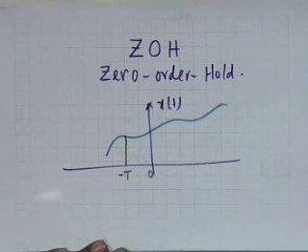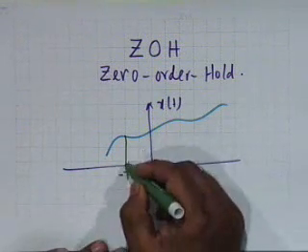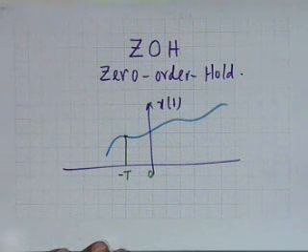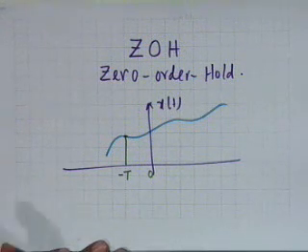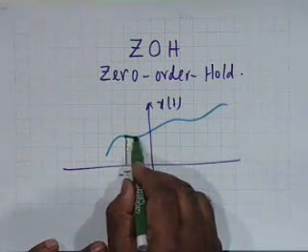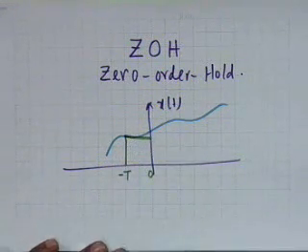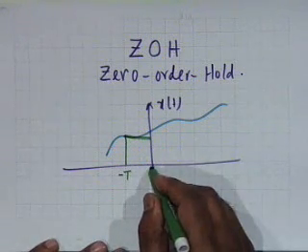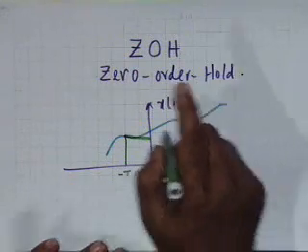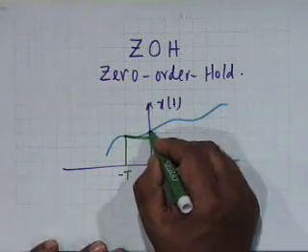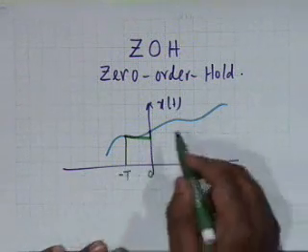It could be a simple RC network, for example. The capacitor charges to this value of the voltage, all right. Then the signal is disconnected from the capacitor. That is, the capacitor voltage remains constant till it comes to the next sampling point, that is 0, at which the capacitor is again connected to the signal, and therefore the capacitor charges to the current value of the signal.